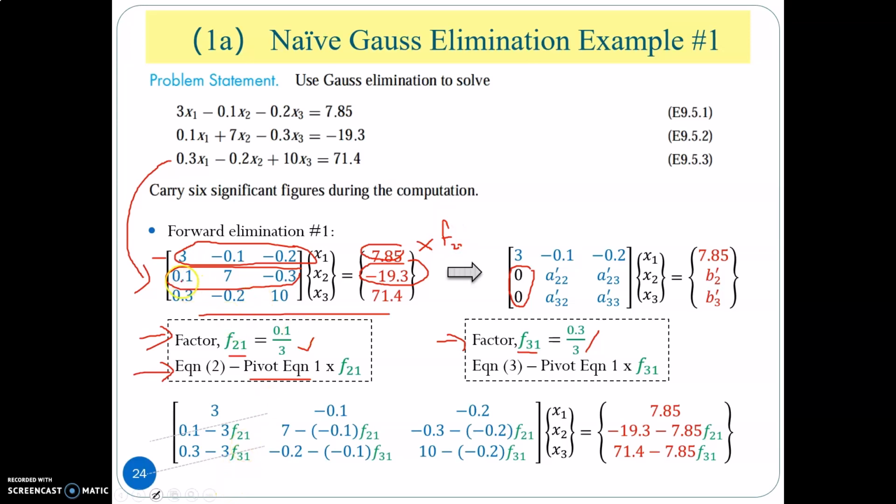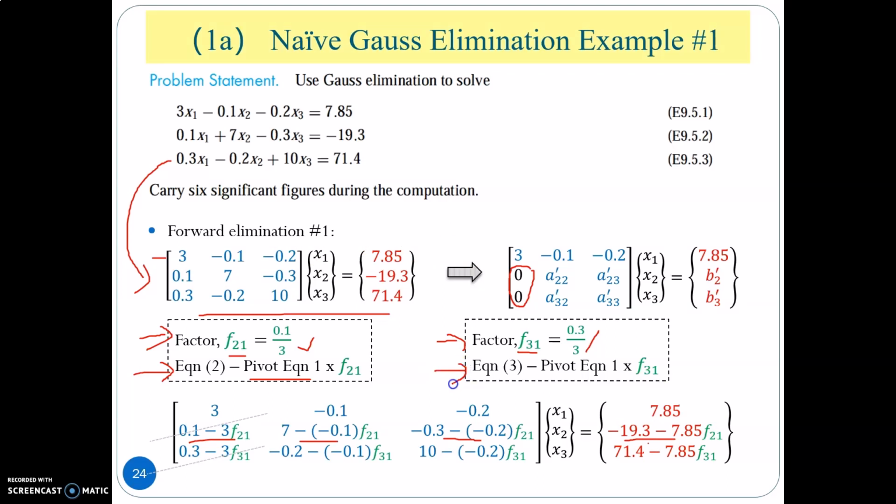So with that, take 0.1 minus 3 multiplied with F21, gives you this term. 7 minus negative 0.1 multiplied with F21, gives you this term. Negative 0.3 minus negative 0.2 multiplied with F21, gives you this term. Lastly, take negative 19.3 minus 7.85 multiplied with F21, gives you this term.